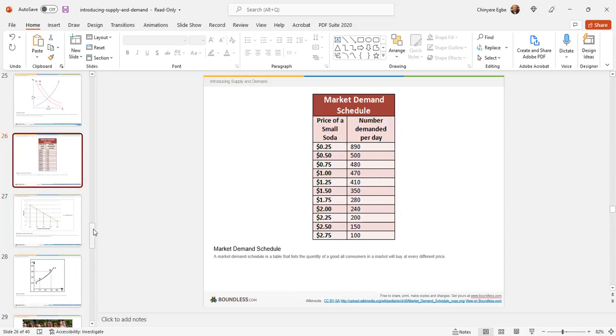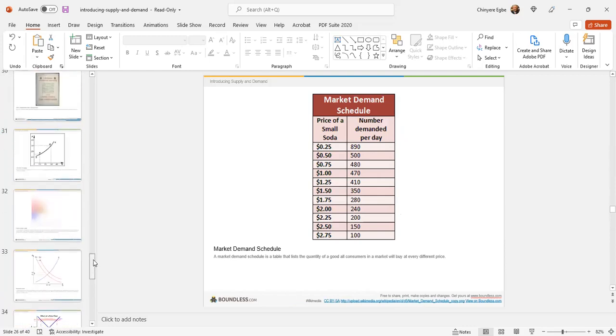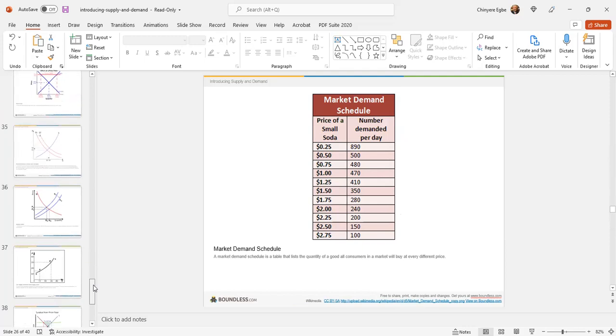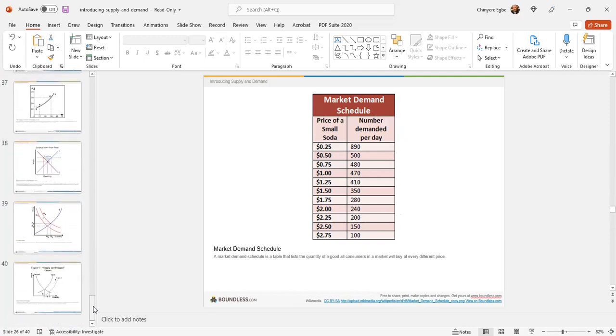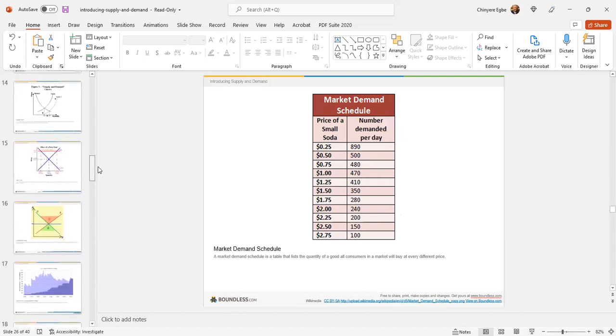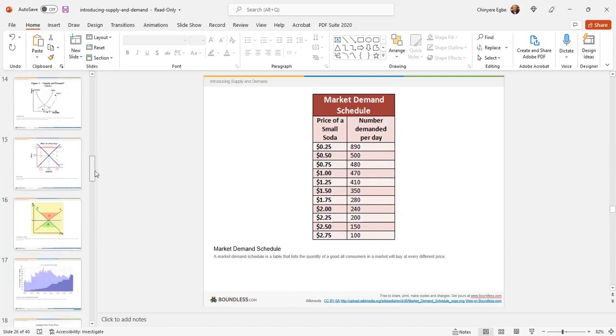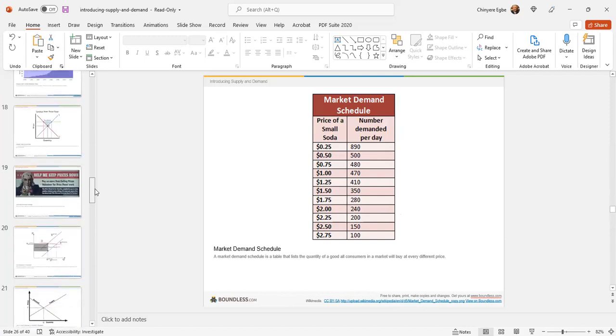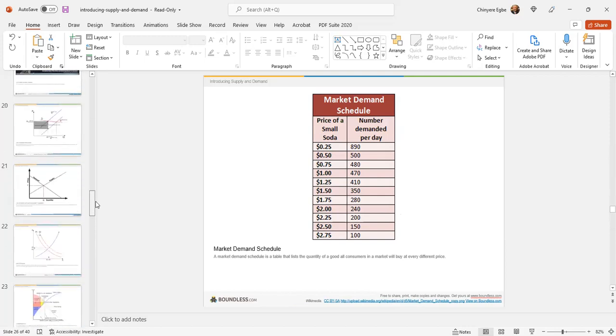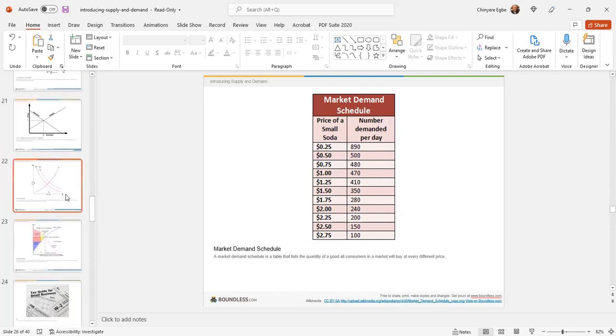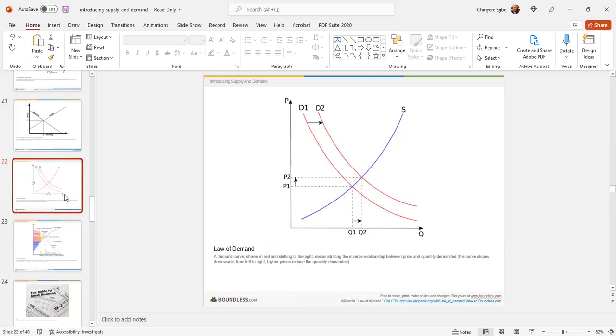All right. Okay. So the other thing that happens in the marketplace is what we call changes in demand and supply. So I'm going to illustrate a change in demand and a change in supply. Okay. Here is an example. Now think about things that can bring about a change in demand.